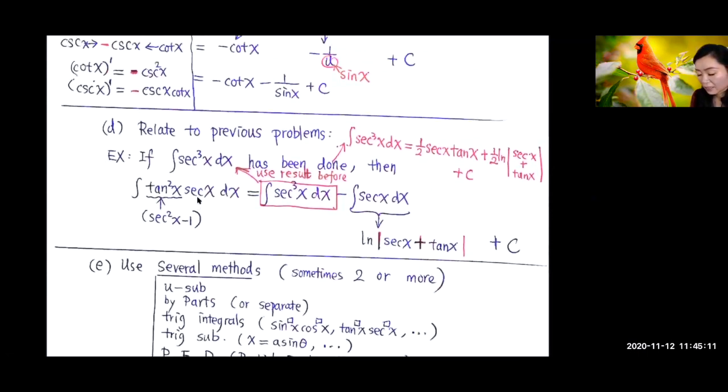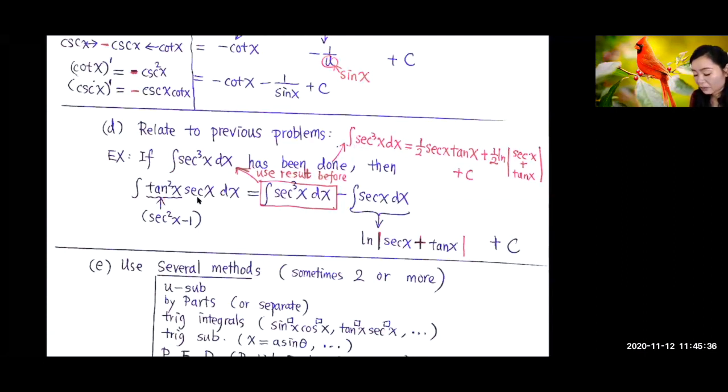Okay. Now, if that doesn't work, then you can also relate to some problem that you have done previously, right? For example, if you find the antiderivative of secant cubed, that was a formula for secant cubed. Then if you try to integrate this, you can make use of this result.